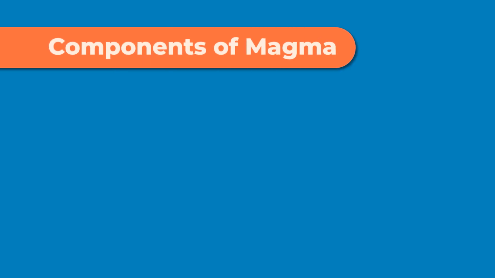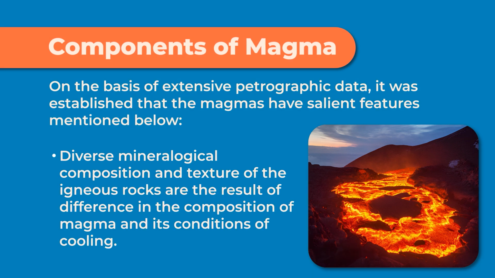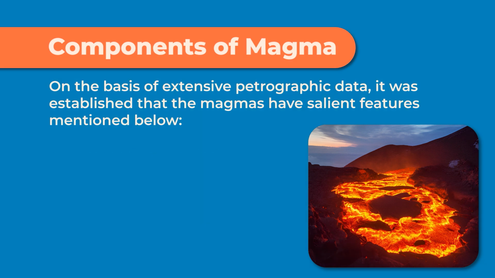Now let us talk about the composition of the magma. Based on extensive petrographic data, it is established that magma comprises diverse mineralogical composition, and you get diverse textures, and this diverse mineralogy and texture is the result of differences in the composition of the magma and the conditions of cooling.